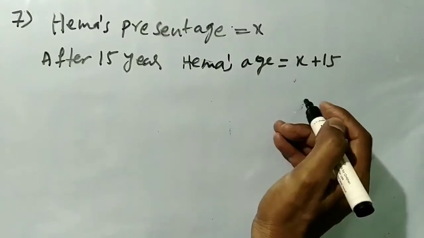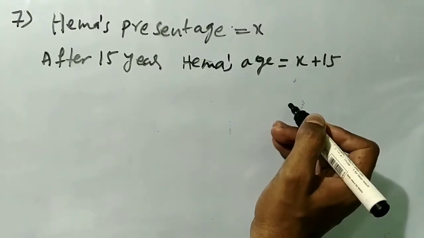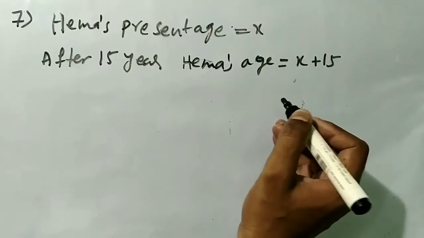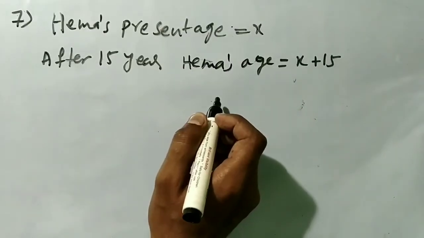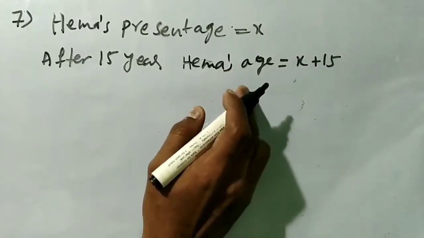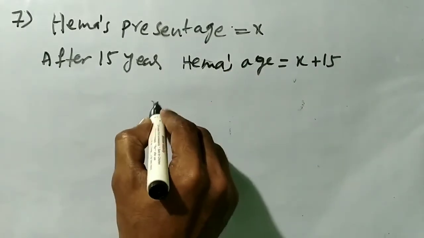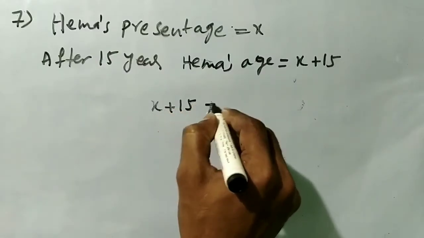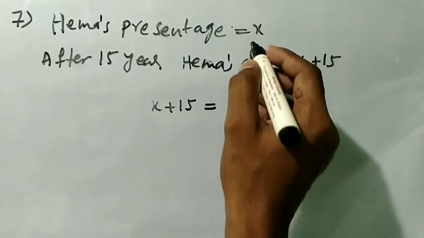But in the question they have given one condition, that Hema's age will be 4 times of present age after 15 years. So here after 15 years, what becomes 4 times of present age?